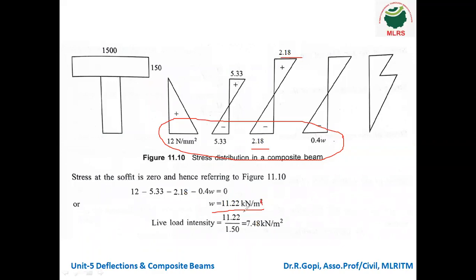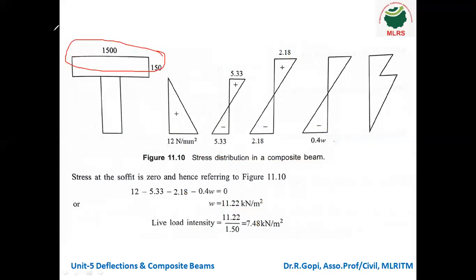So the live load intensity is 11.22 divided by the breadth of the T section, that means the breadth of the slab, 1500 mm, so 1.5 meter. 11.22 divided by 1.5 equals 7.48 kilonewton per meter square.